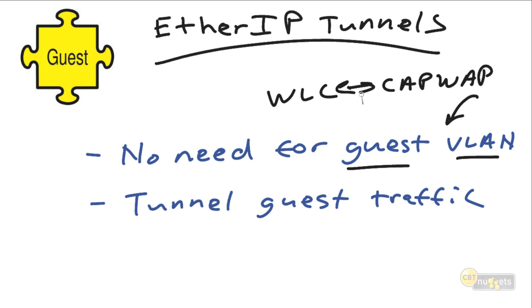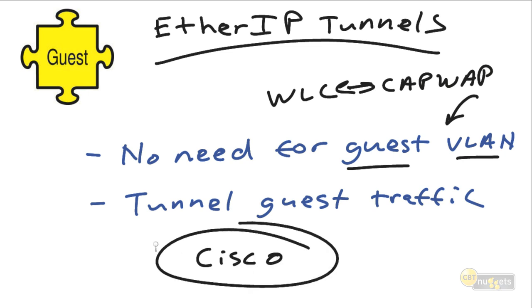No need for a guest VLAN in this case. All we have to do is make sure that this Ethernet in IP tunneling solution for guest traffic is supported across all of our wireless LAN controllers. And if they're modern Cisco devices, we obviously shouldn't have a problem with that. And now we have a robust, simple solution for guests on the network.